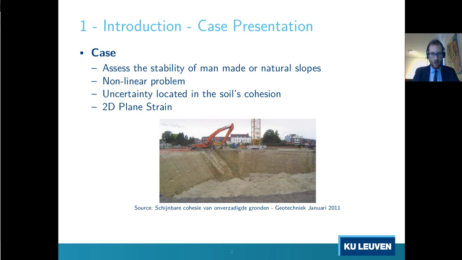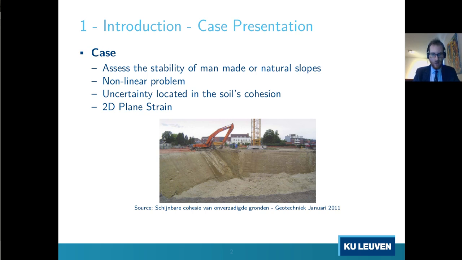Major excavation works are typically done when you need to build foundations for a house, for skyscrapers, or for other civil constructions. As you can imagine, you don't want this slope that you've dug out to collapse on itself and void all the work you've accomplished in the previous days.